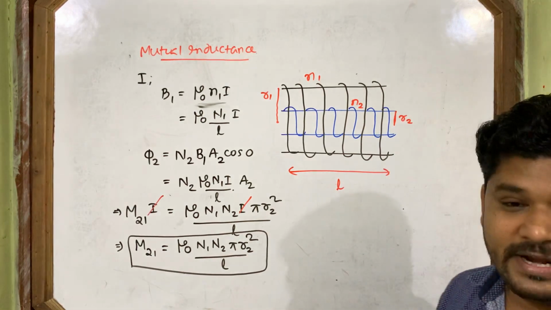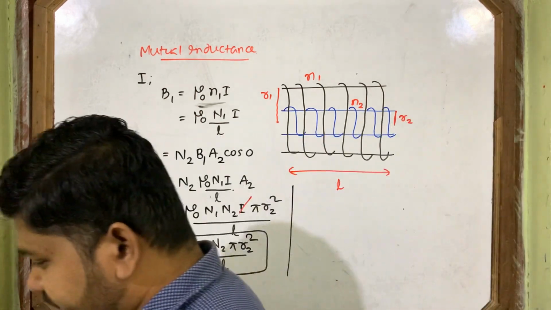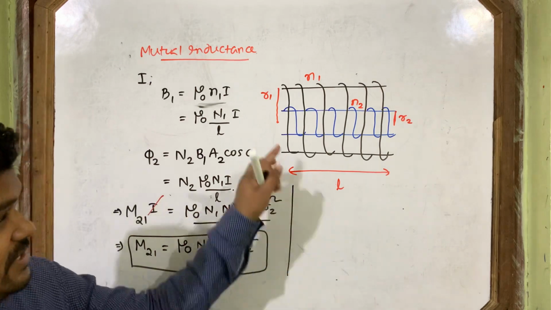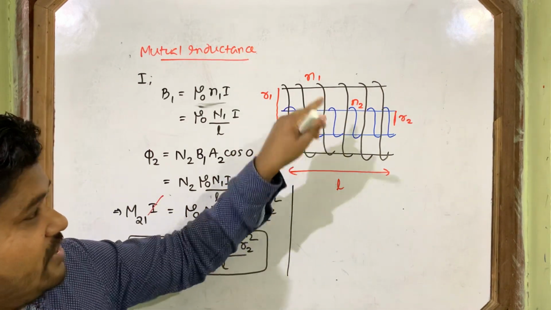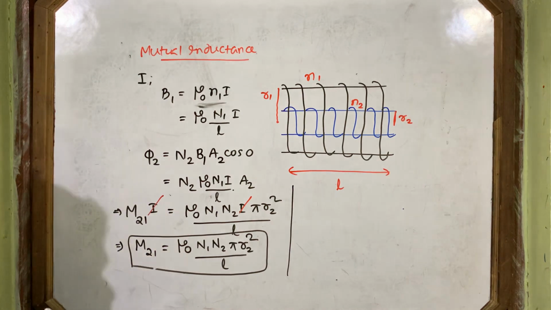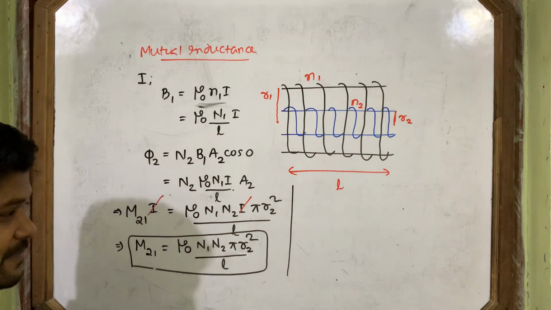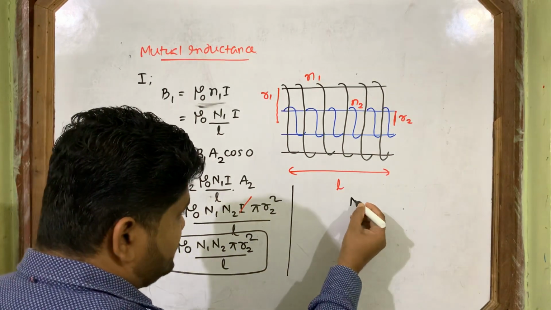But now I will provide the current to the second coil, the inner coil, and I'll see the flux linked with the outer coil. Means I want to find the expression M12. What will be the expression of M12?